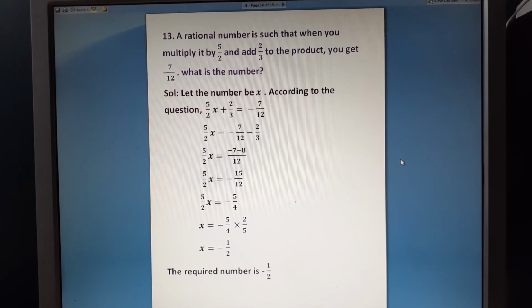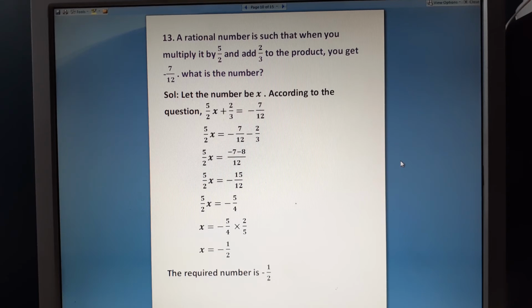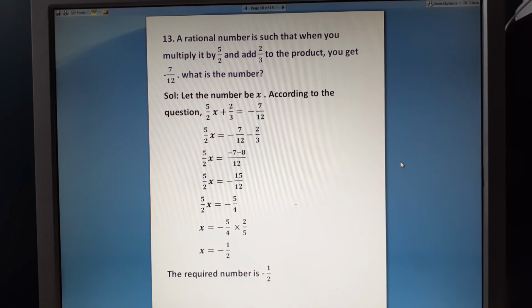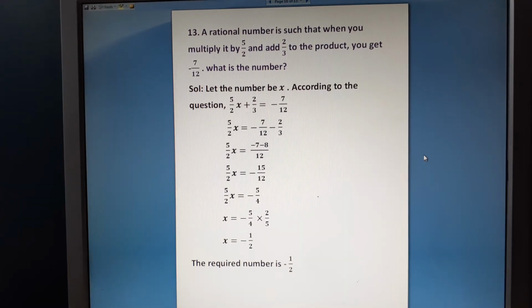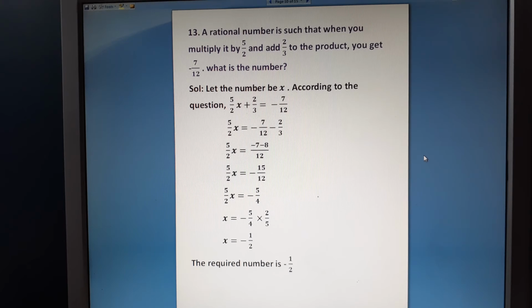5 divided by 2 into x is equal to minus 7 minus 8 is equal to minus 15. So minus 15 divided by 12. 15 and 12 both are divisible by 3. 4 3s are 12. 5 3s are 15.